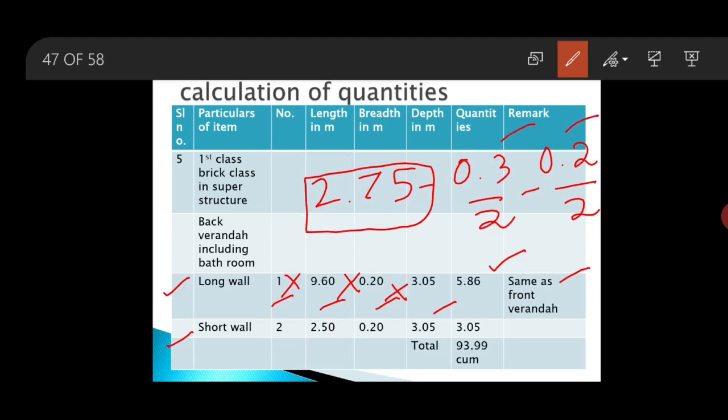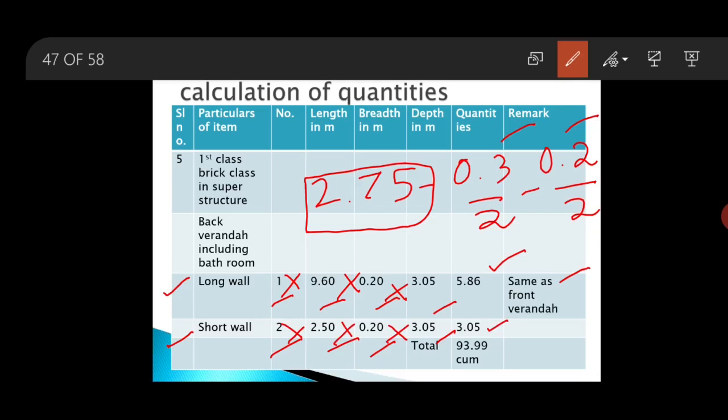So we will subtract half of 0.3 and half of 0.2. This will give you the net length as 2.5. The number of short walls in the back veranda is 2, width is 0.2, depth is 3.05. Then by multiplying all these, we will get the quantity as 3.05 cubic meter.